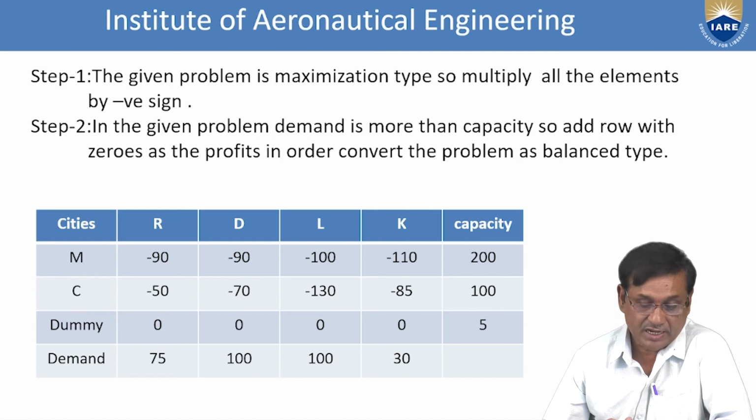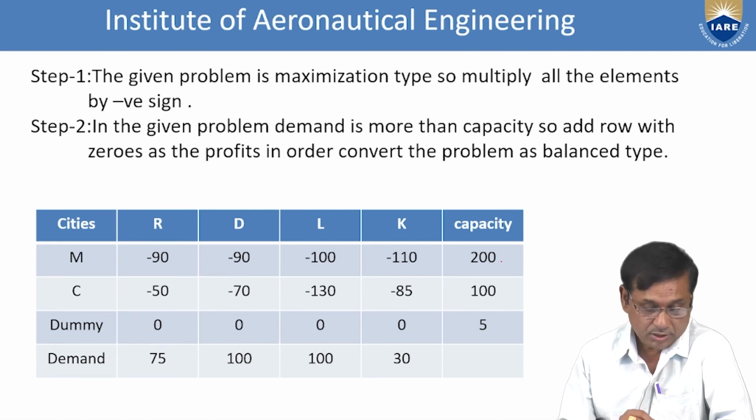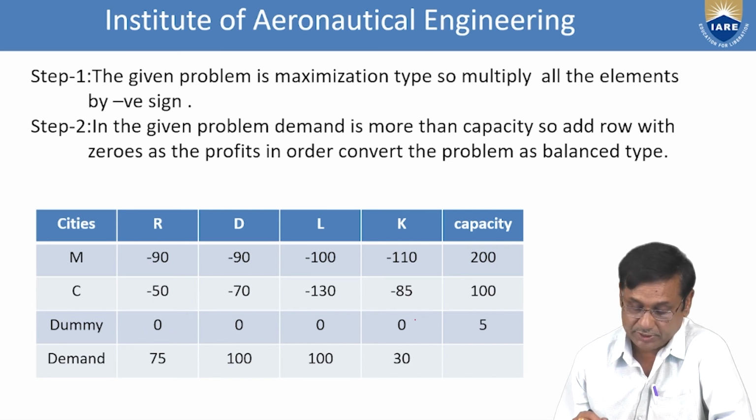So it is the unbalanced type, because the supply is only 300 and the demand is 305. So add a row or column with zeros as the corresponding unit costs. In the third row, I have taken zeros corresponding to the unit transportation cost, and the number is 5.